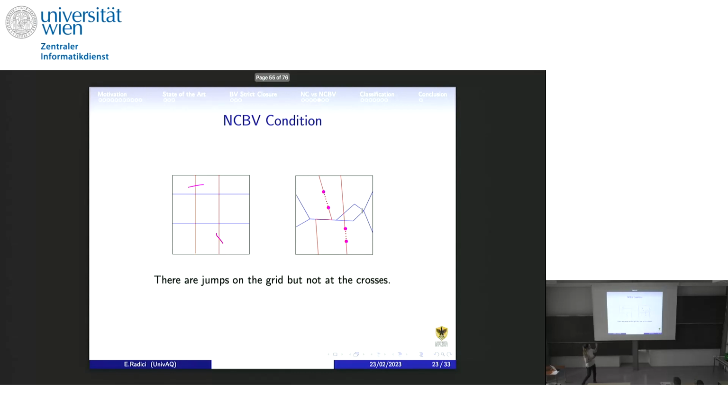Once again, with pictures it helps: we have a grid that is touching fracture lines, so the image of this grid would have jumps where you have the fracture points.